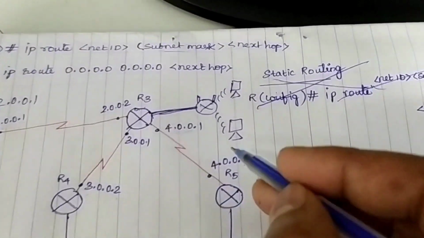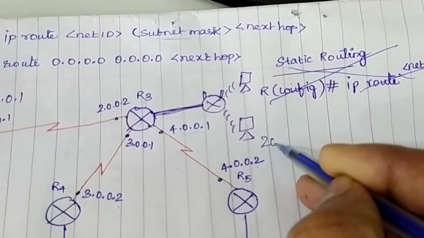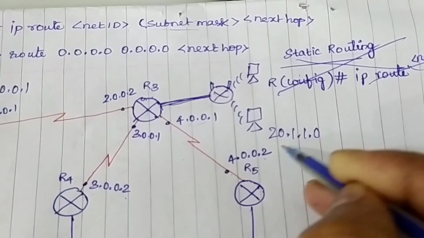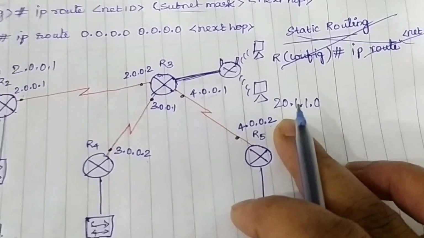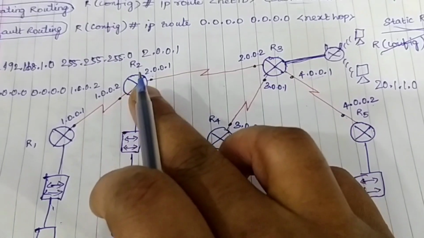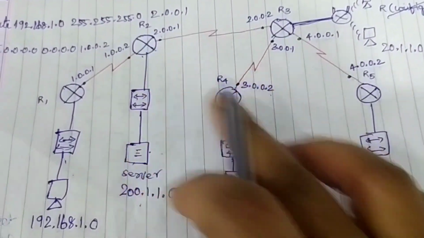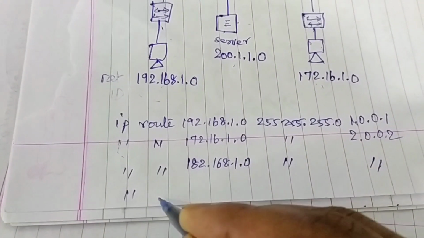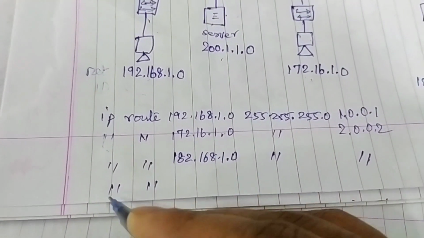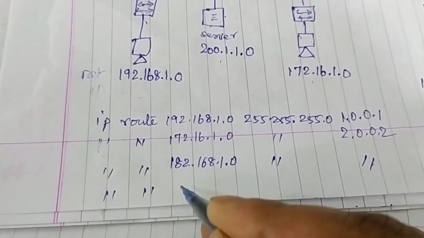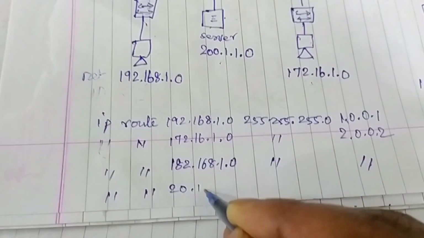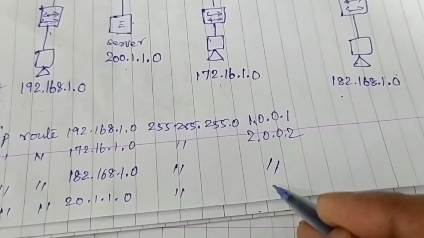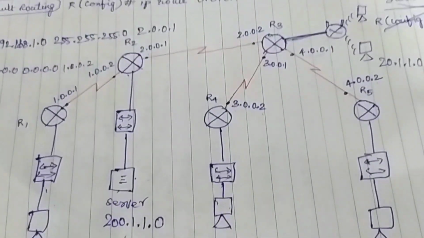Suppose this network is, for example, 20.1.1.0. Then if you are doing static routing on R2, you have to assign the route for the new wireless network also. The command is ip route 20.1.1.0 255.255.255.0. Next hop also the same.